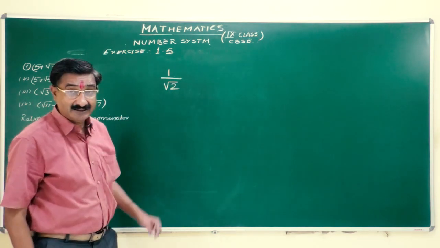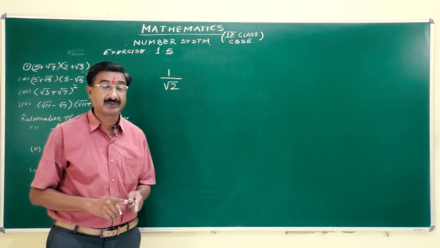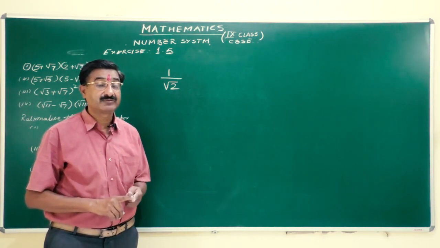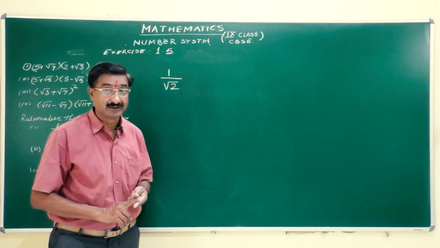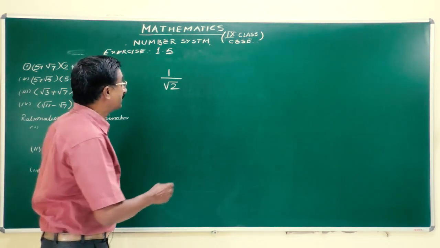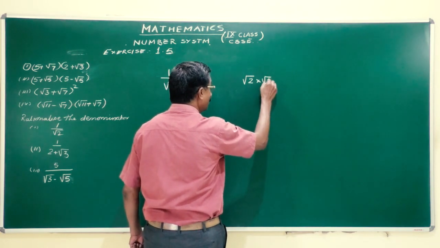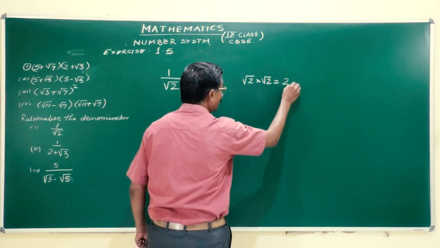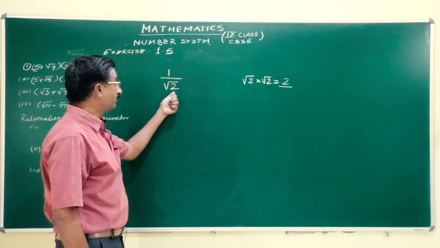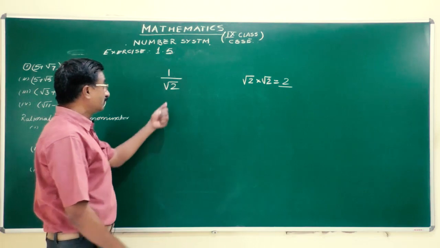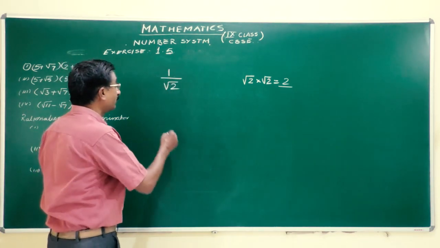Under root 2 is irrational number. Clear? Under root 2 is irrational number, but we have to rationalize this, means we have to bring under root 2 in the form of rational number. Okay. So how can this be rational? If you multiply under root 2 by under root 2, you will get 2. So 2 is a rational number. Clear? So it means we have to multiply it by under root 2. So we can multiply the denominator and we can multiply the numerator by under root 2.